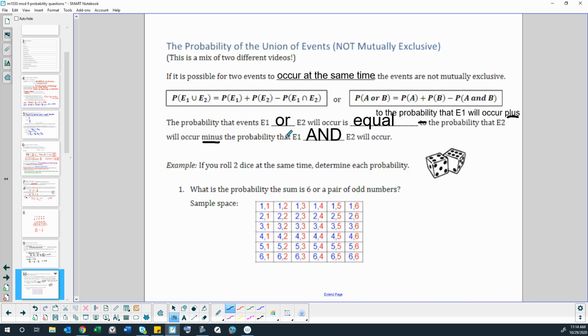And that's because we have to subtract out any overlap. Since they're not mutually exclusive, they could both happen at the same time, and we don't want to count those numbers twice.